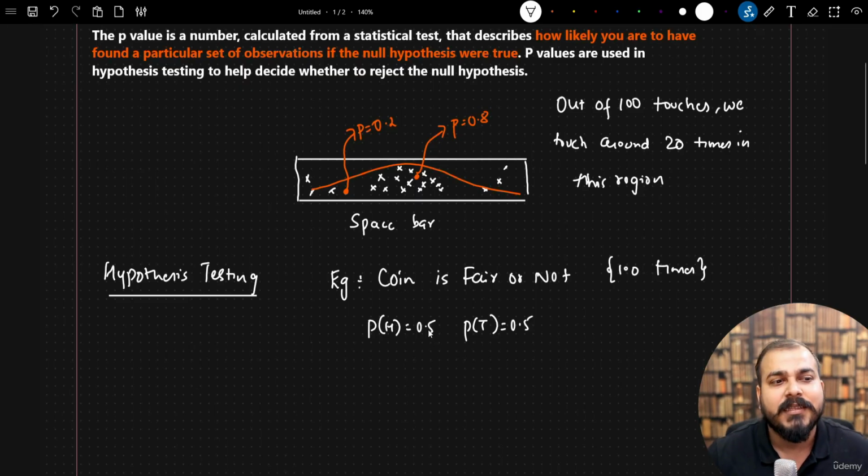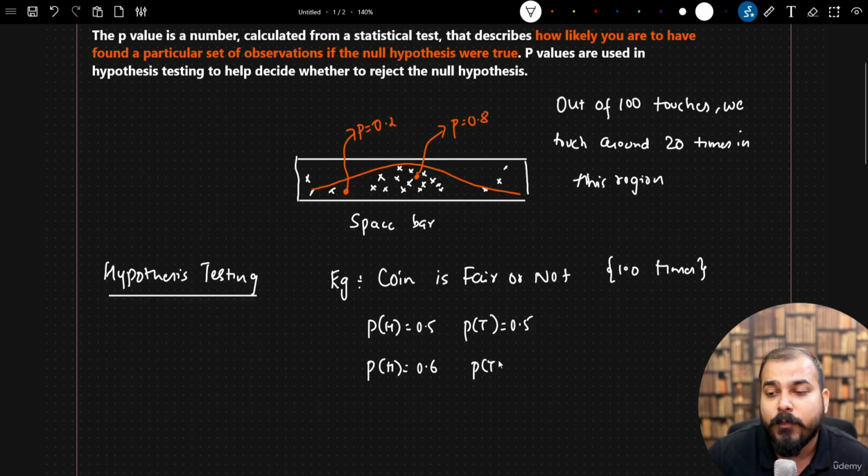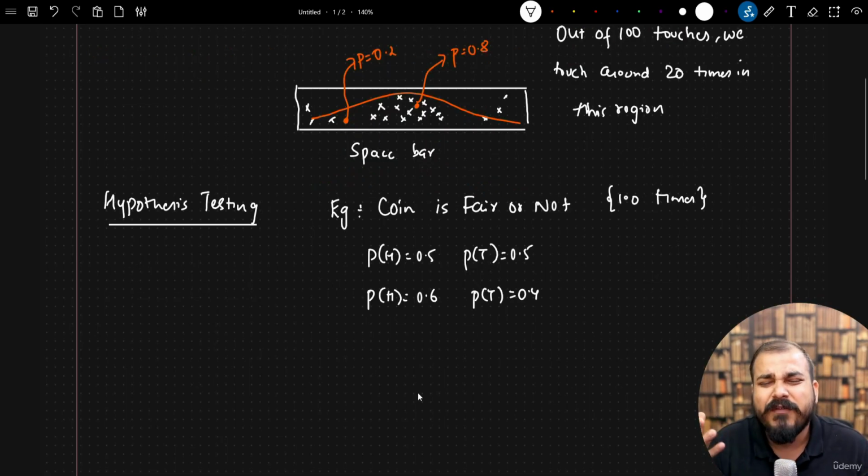So I can definitely say this coin is fair. Let's say I say my probability of head is 0.6 and probability of tail is 0.4. In this scenario, 60 times I'm getting heads out of 100 tosses. There may be a scenario where, sometimes, we may continuously get heads 10 times.